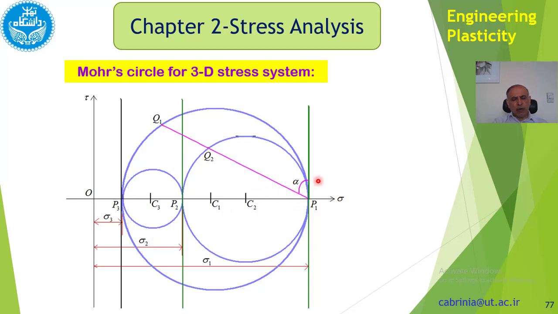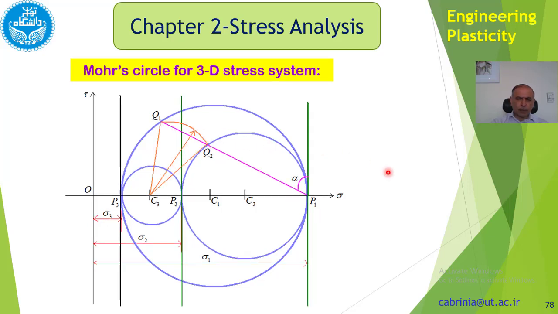Now, supposing we have alpha here in general, how do we draw alpha? We draw a line tangent to the sigma 1 circle, and we draw a line with an angle alpha. This intersects these two circles, this circle at Q2 and this circle at Q1.